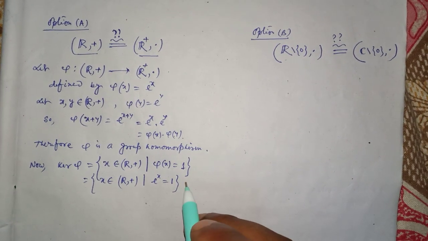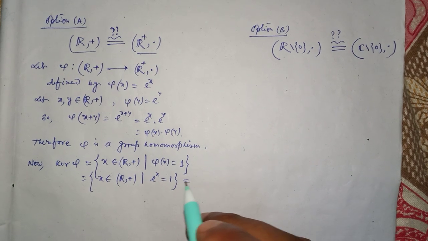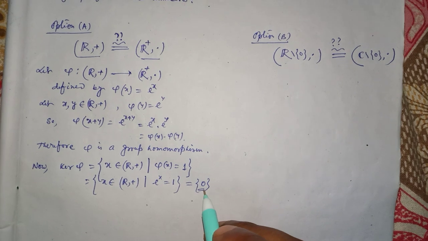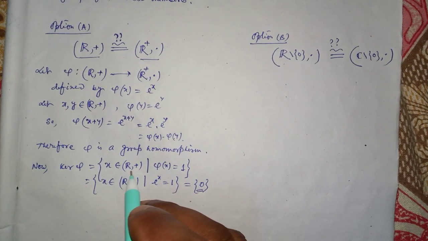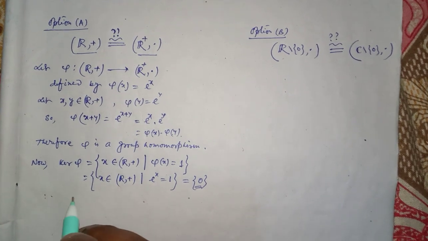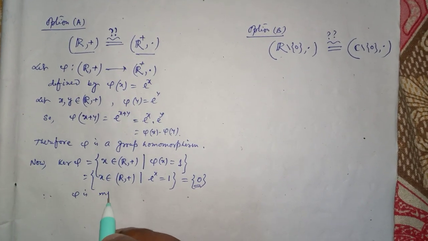That means x is equal to 0 only, which is the identity element of the additive group R. Therefore phi is injective.